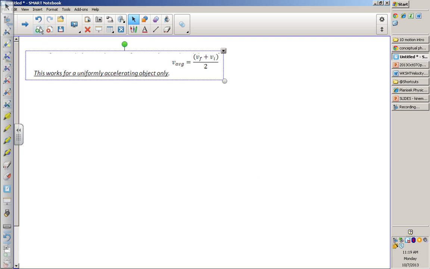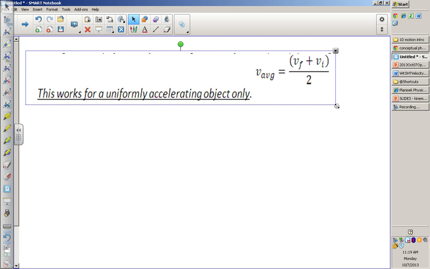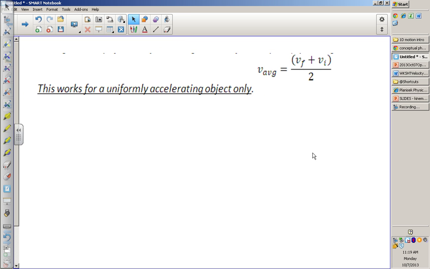We talk about this object's average velocity. In the last unit, I told you that you couldn't just take two velocities, add them together, and divide by 2. And that's true. But under certain circumstances, you can do that.